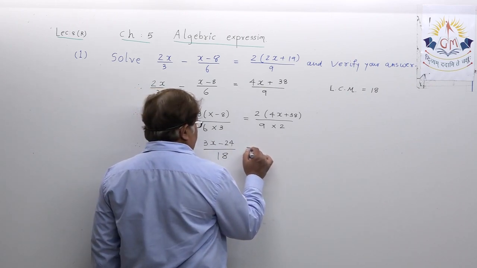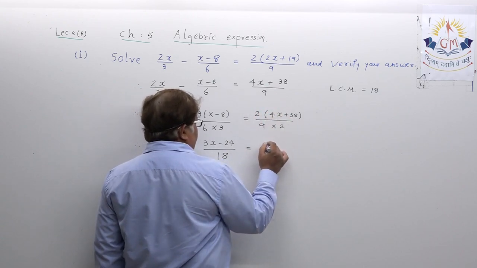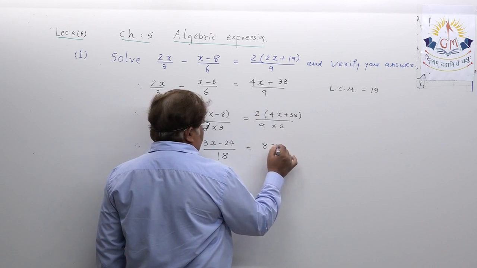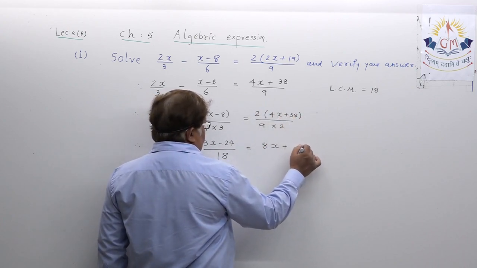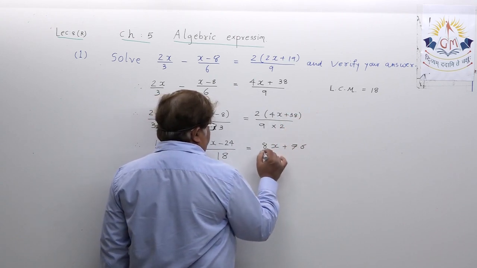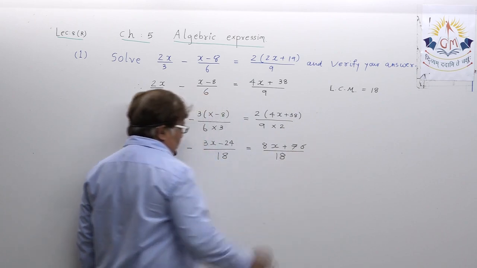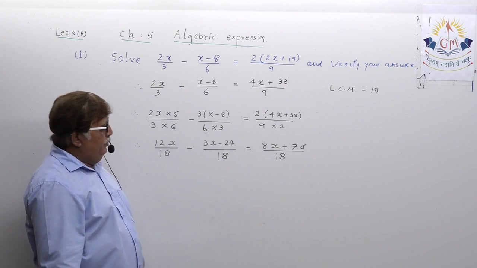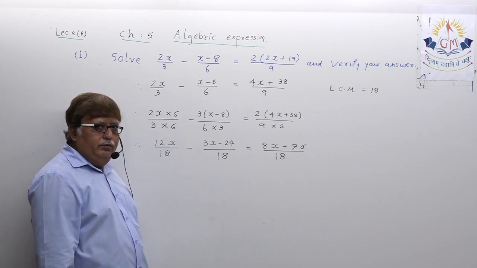Is equal to, open the bracket here, 2 fours are 8x, 2 eights are 16, 1 7, 76 upon 18. Is it clear in your mind how we have solved this?